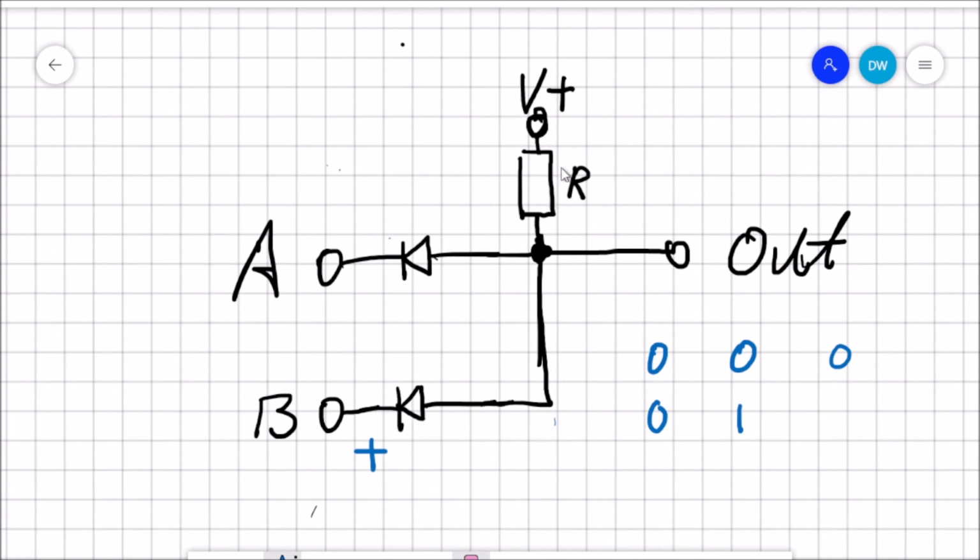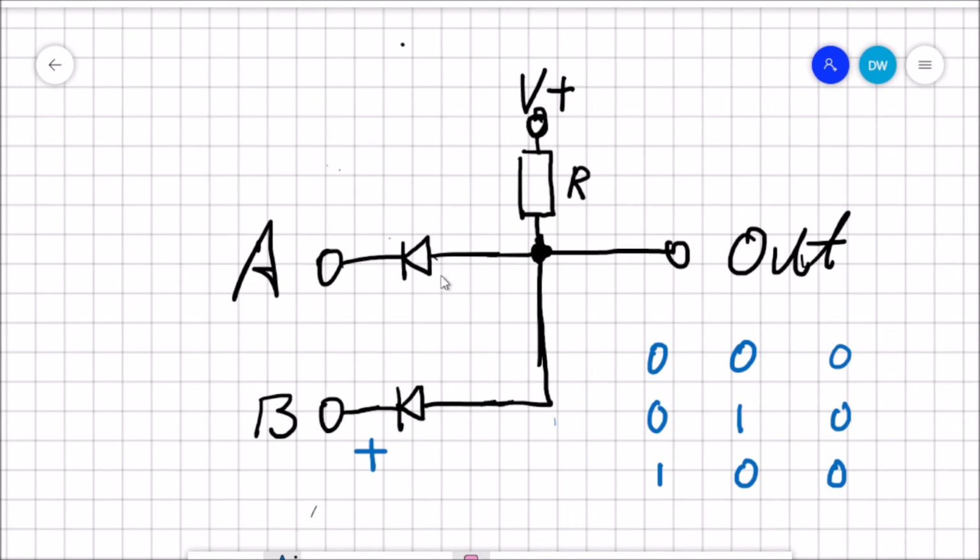But all the current can still flow through A, so there is still not enough to exit through the output, and we get a low as well. Similarly, if we switch A on and B off, it's exactly the same process. The current will just go straight through B. Still not enough to activate the output, so we still get a 0 output.